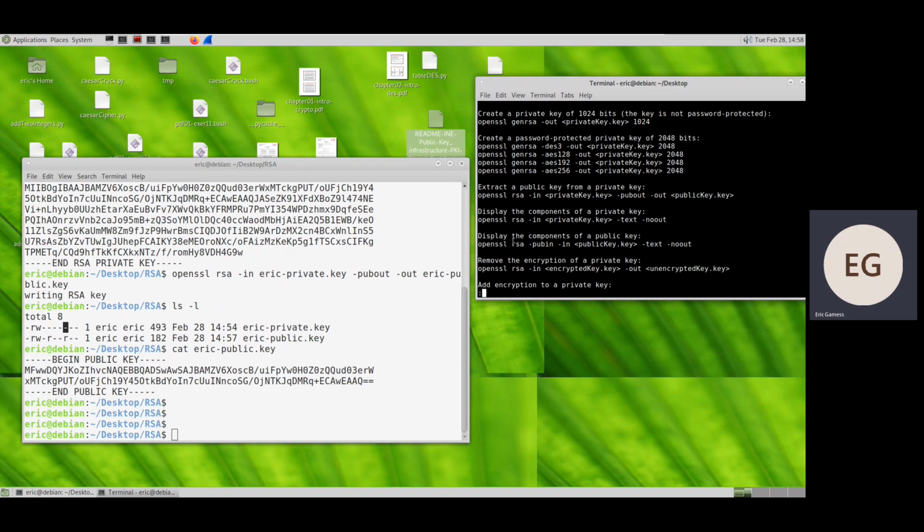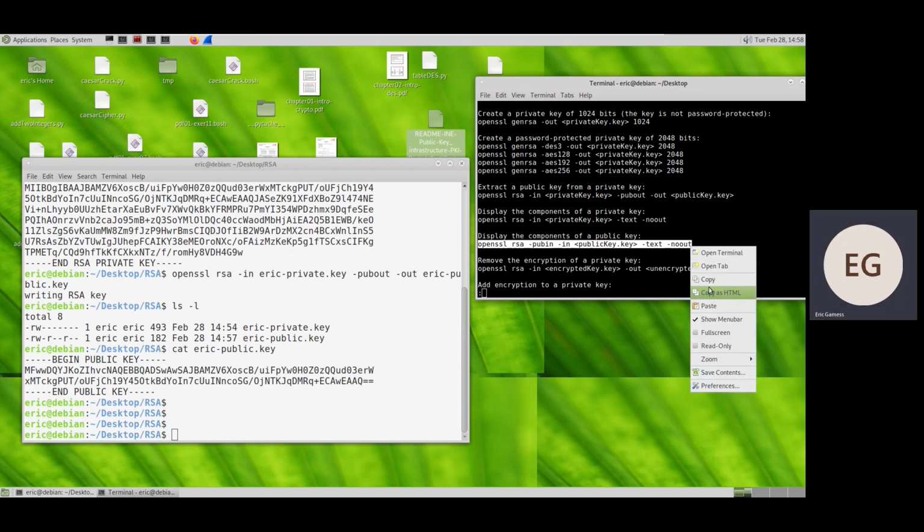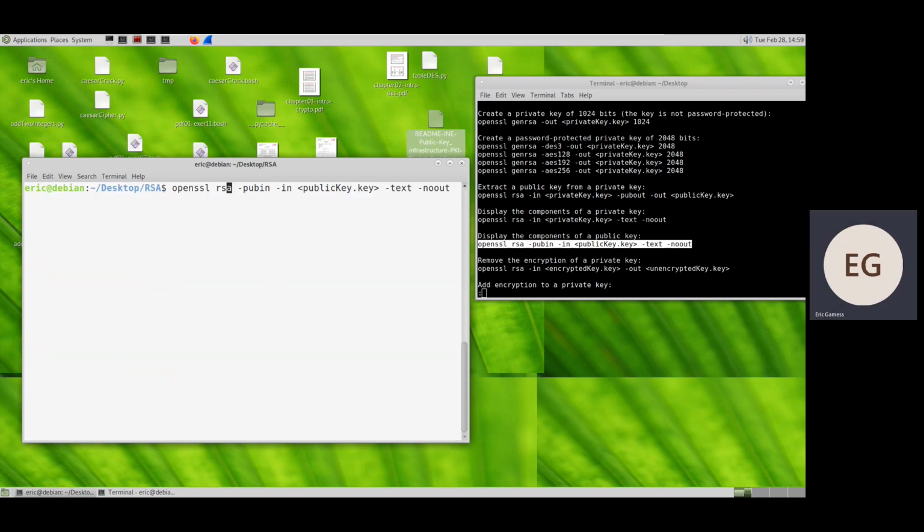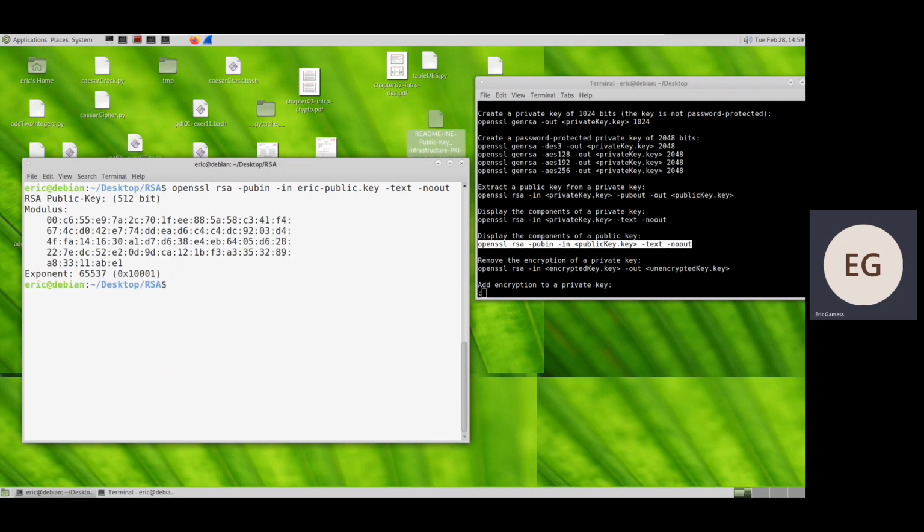So to see the content of a public key, you use this command. Let me copy it first and then we comment about it. So we use OpenSSL and we also use the command rsa for Rivest-Shamir-Adleman. We say that as an input, I'm going to give my public key, eric-public.key. And I want to see the result in text.